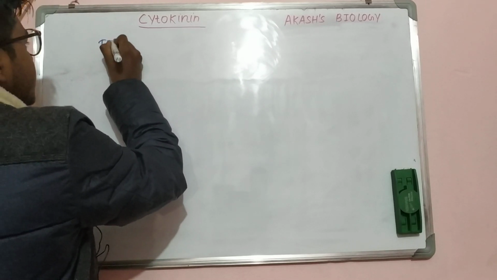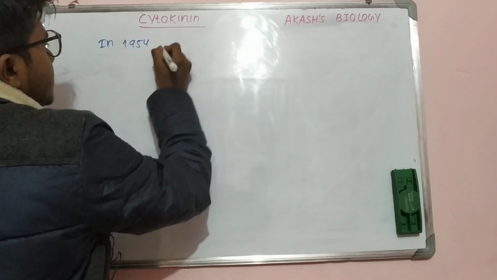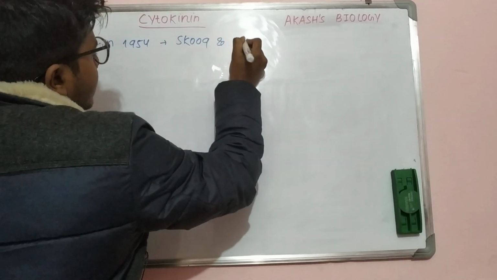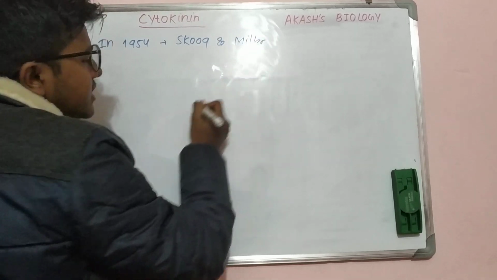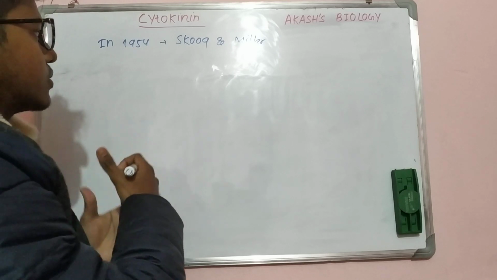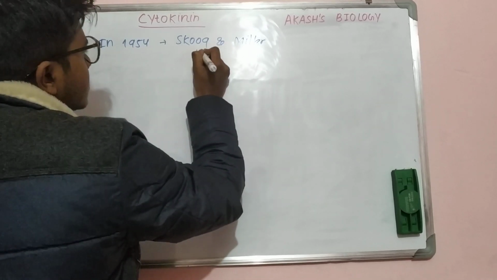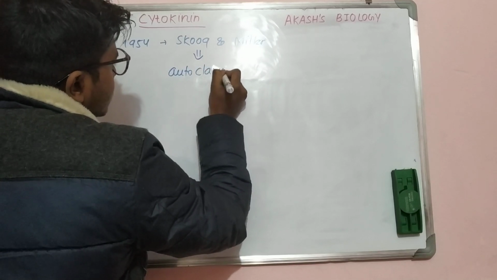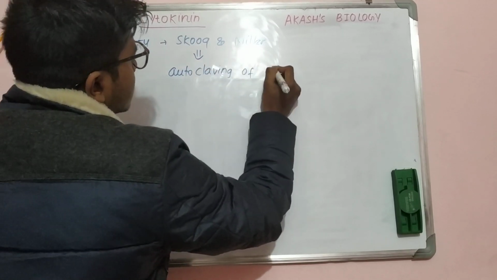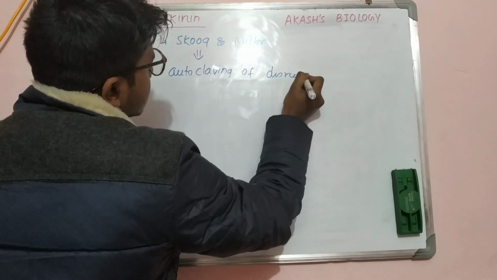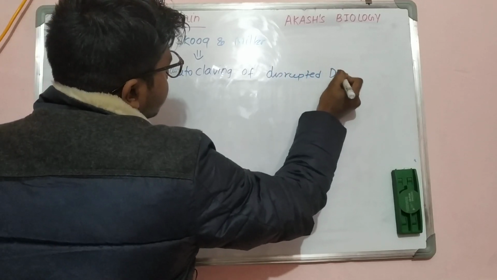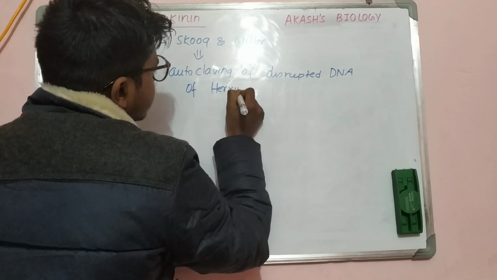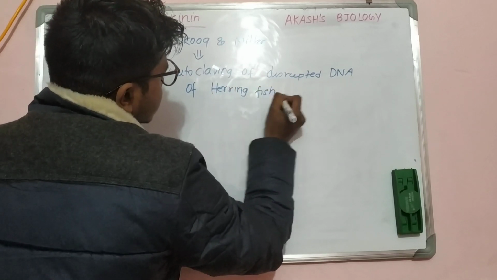In the year 1954, Skoog and Miller were experimenting on tissue cultures, mainly on the autoclaving of the disrupted DNA of herring fish sperm.